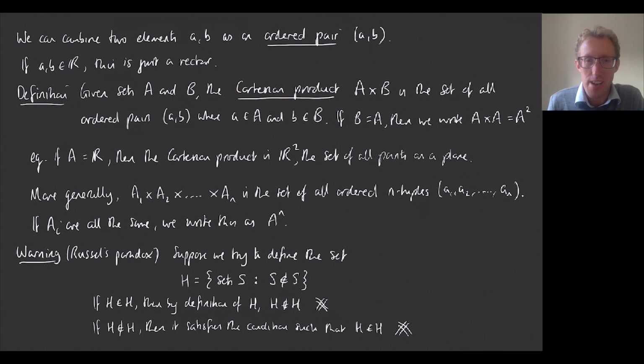Okay, and so the problem here is that this H that we've tried to define here really shouldn't be a set. And so this would be too loose a definition of what a collection of objects might mean. Okay, and with a more modern definition of a set, based on some axioms, then we wouldn't classify this H as being a set, and therefore trying to decide whether it's in itself or not just doesn't make any sense because it isn't a set.